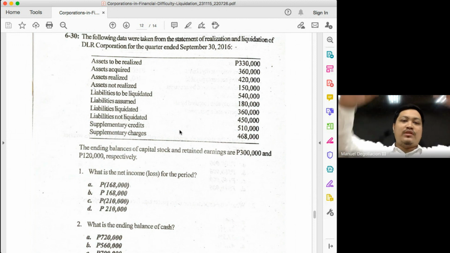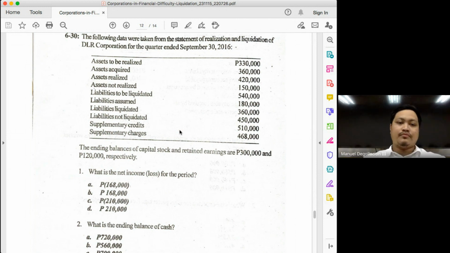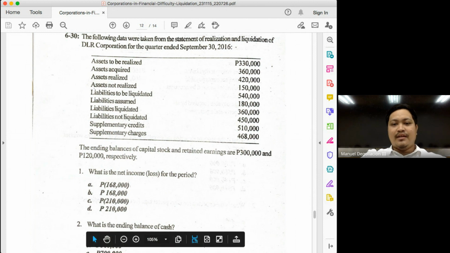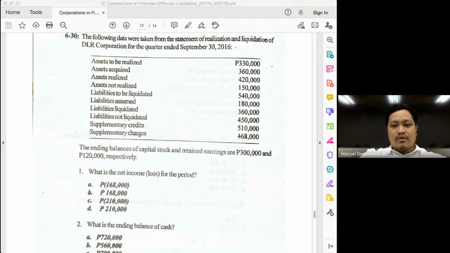Can you give me the total for the debits and the credits? Total debit, 168.